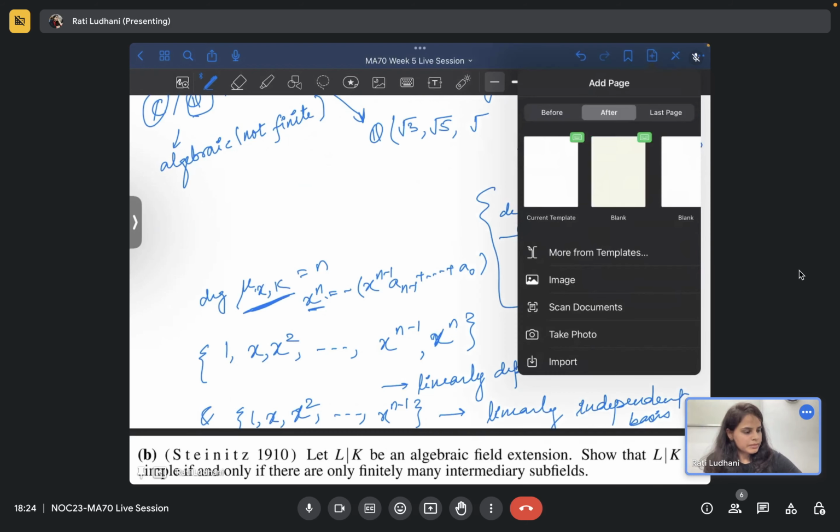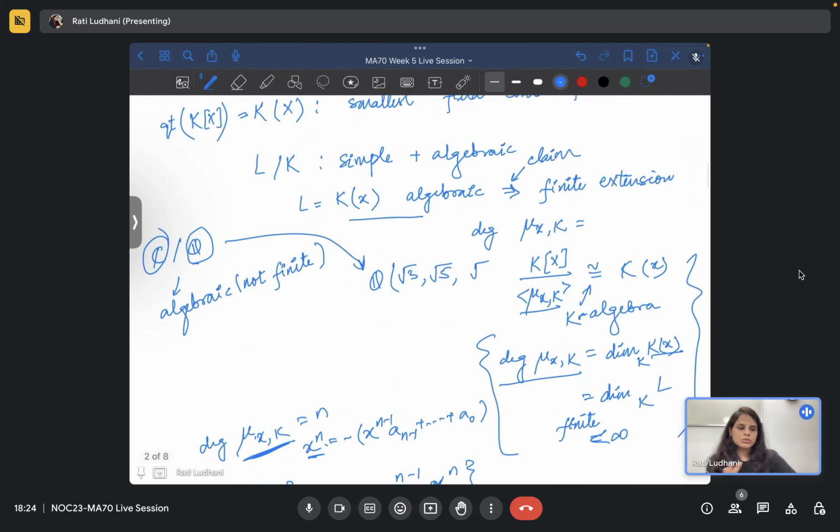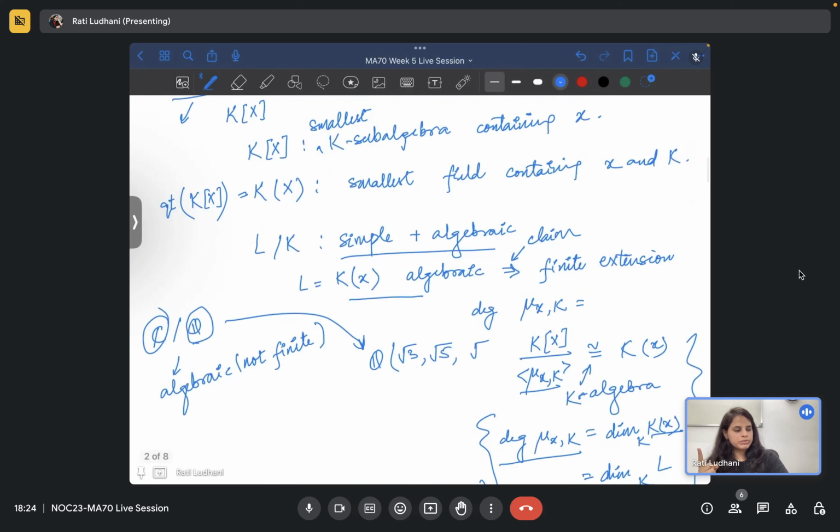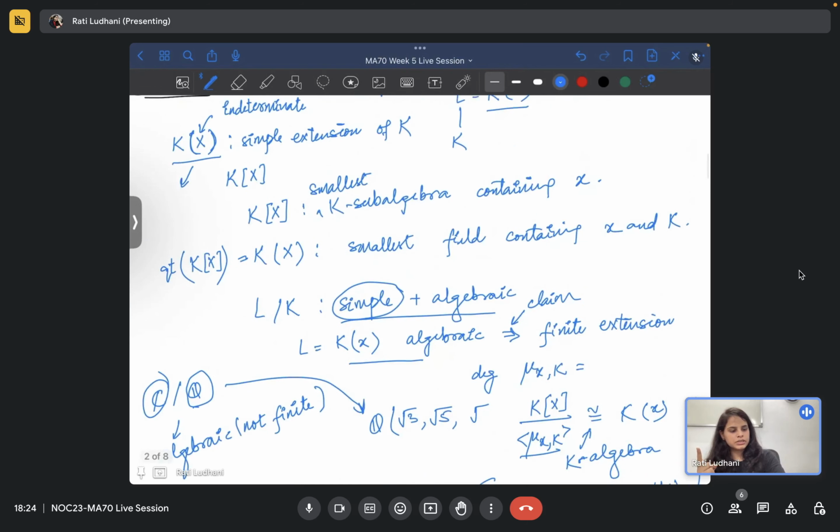Okay. Any doubt in this? So this is something to remember, or observe: if a field extension is simple plus algebraic, then it will be a finite extension. If it is just one of them, then we cannot guarantee that. For example, for the case of simple, you can just take the indeterminate, and then it will not be a finite extension.